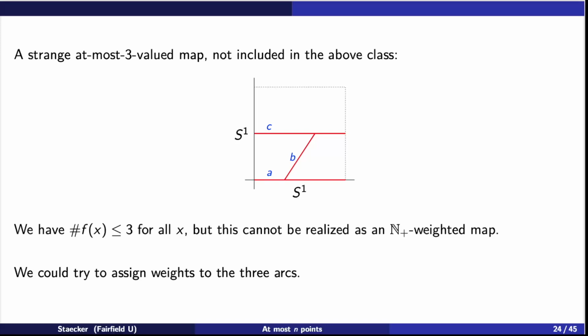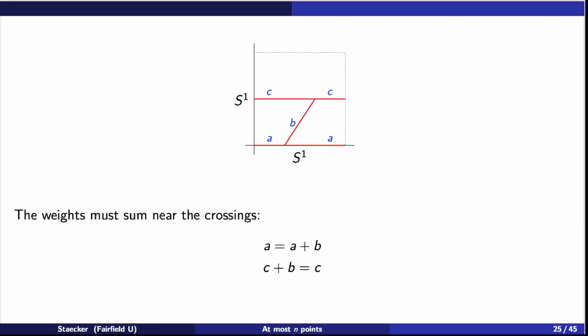Now, because this is a circle, if this is C, this also has to be C, because that's the same. But now you have a problem with the local summation property. The weights have to sum up, so this point right here, its weight must be C, but also C plus B. And this cannot be achieved with positive integer weights. The B would have to be weight 0, which I'm not allowing.